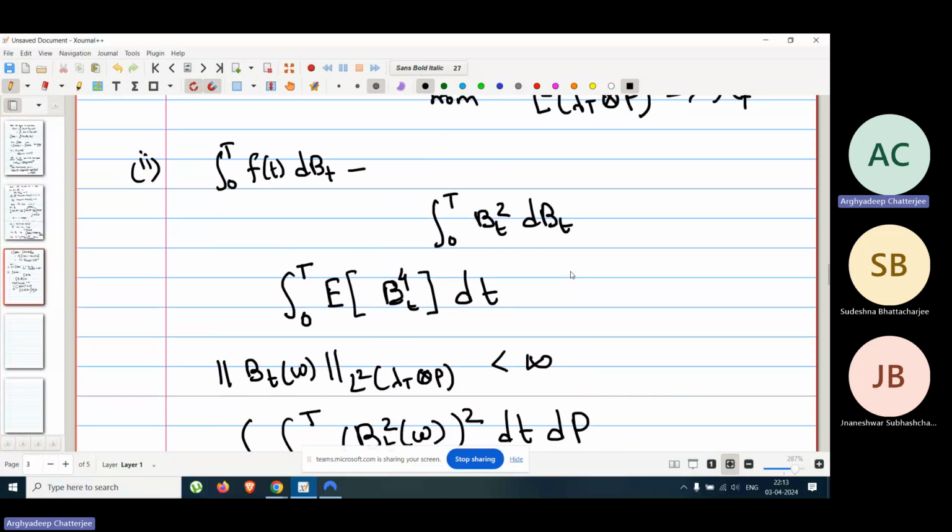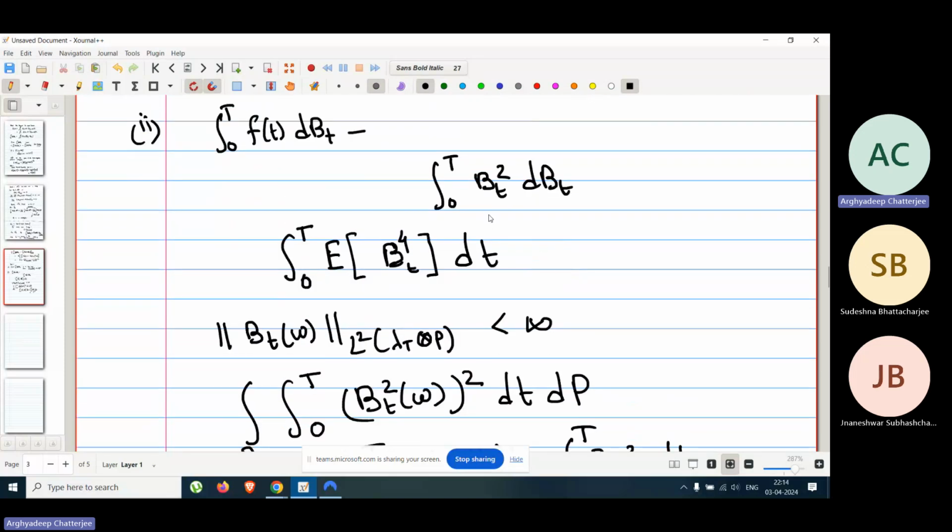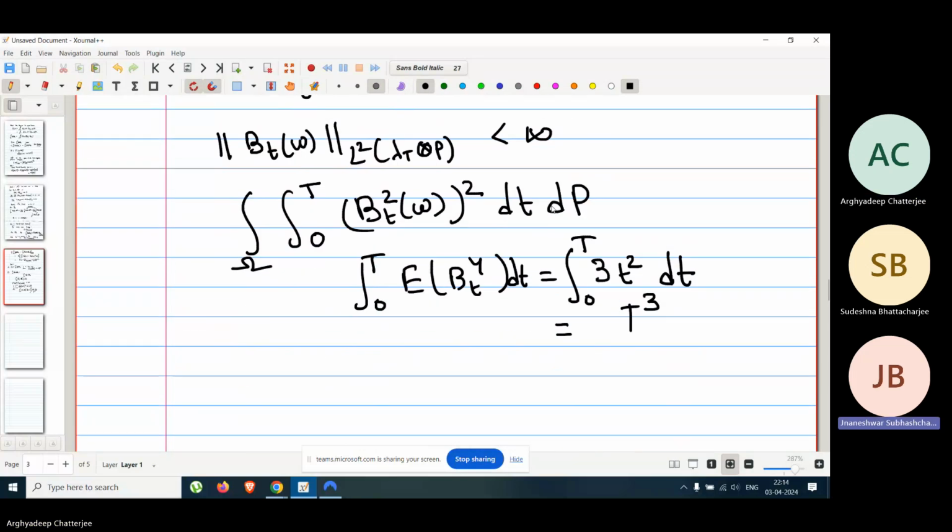If there is time today, I'll show you how to give an explicit formula even for this integral. That would be by Ito's formula, but I'll just give the heuristics without any proof.